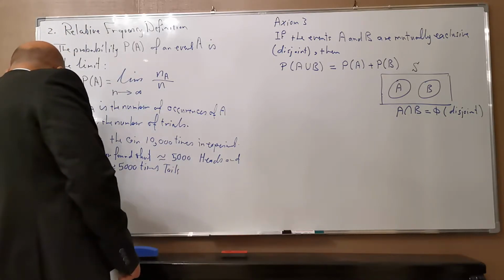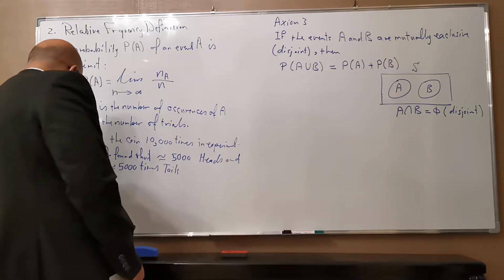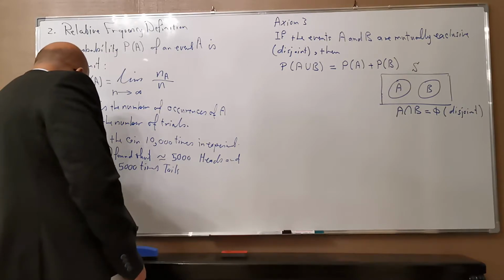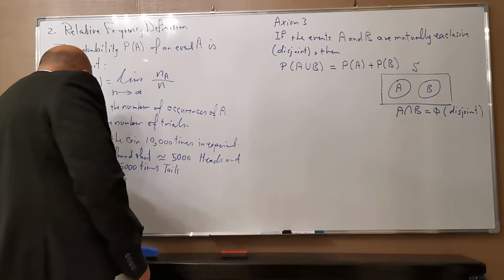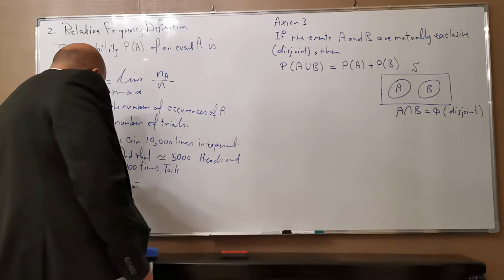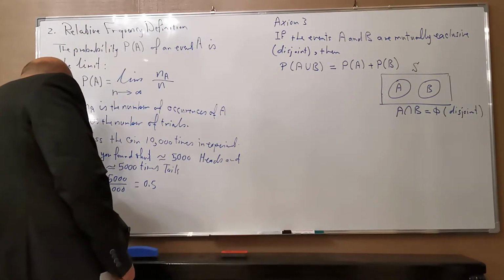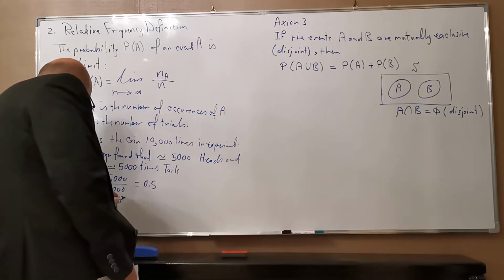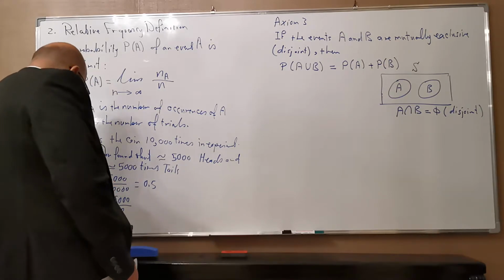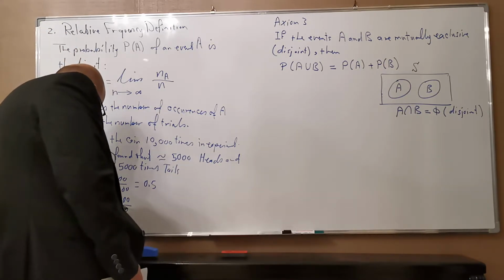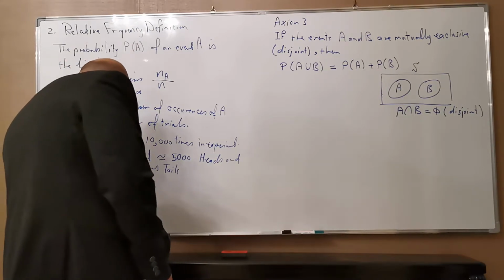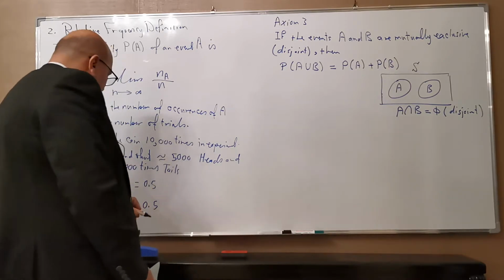This means that probability of heads is equal to 5,000 over 10,000, and this equals 0.5, and probability of tails is also equal to 5,000 over 10,000, which is also 0.5.